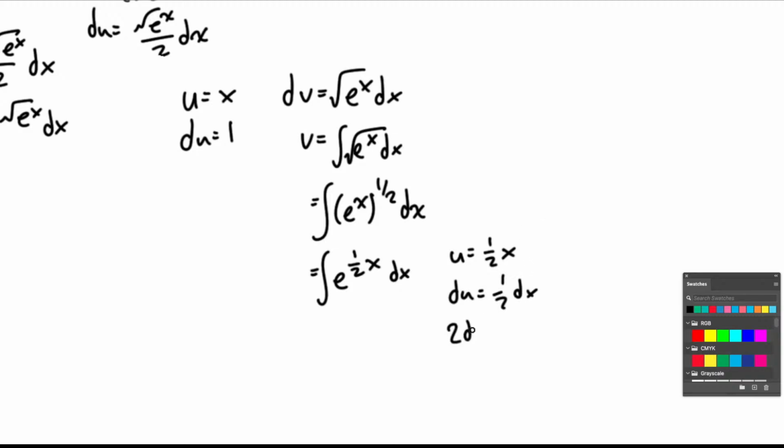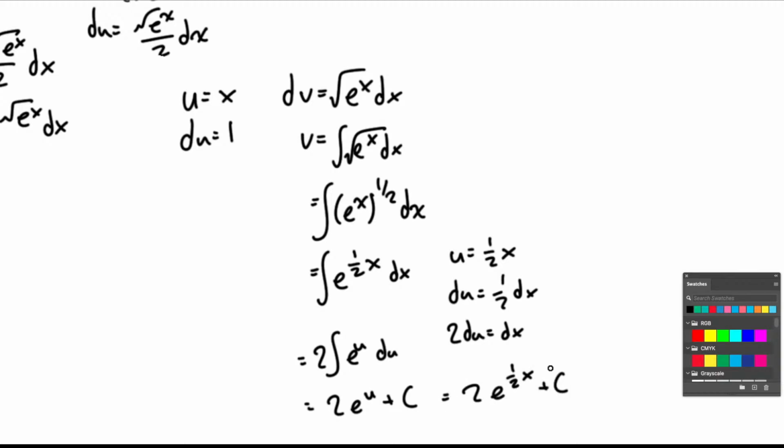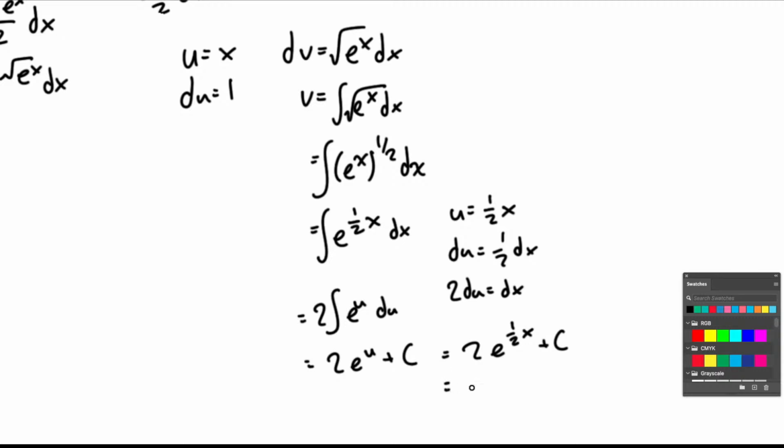That means 2 du equals dx. Therefore, 2 times e to the u du. That means 2 e to the u plus c. That means 2 e to the 1/2 x plus c. That means 2 square root e to the x plus c.